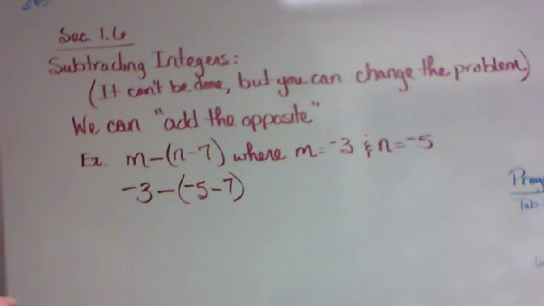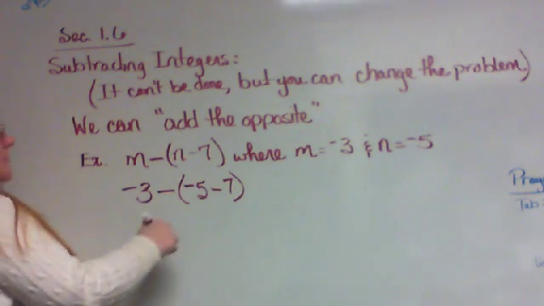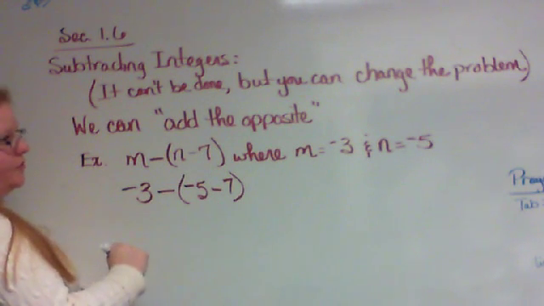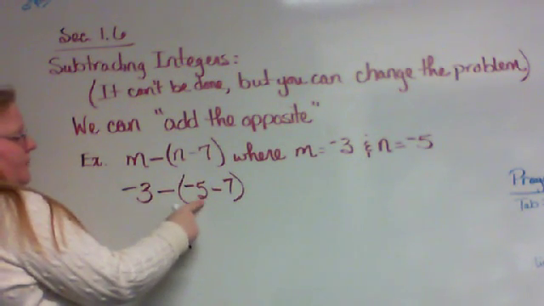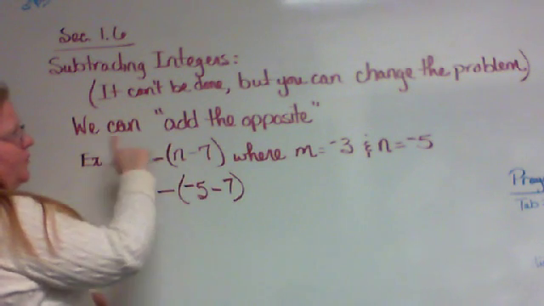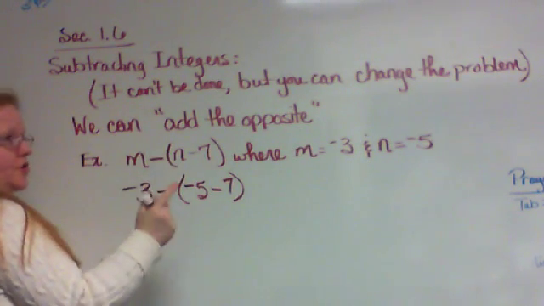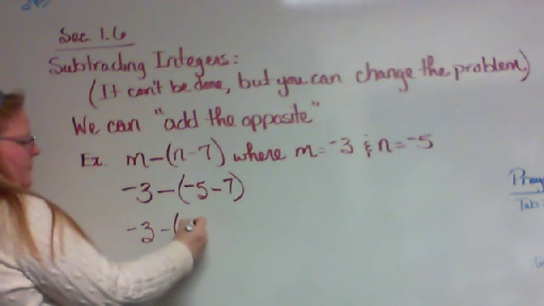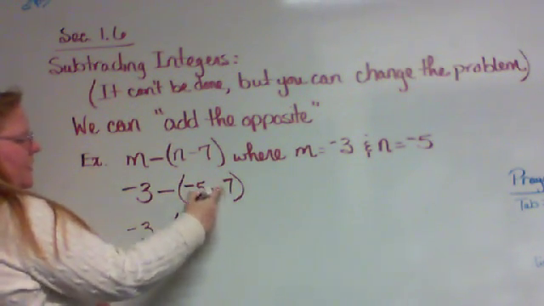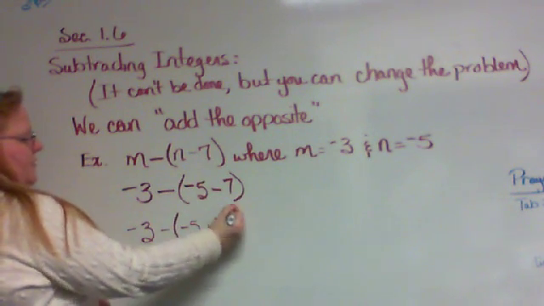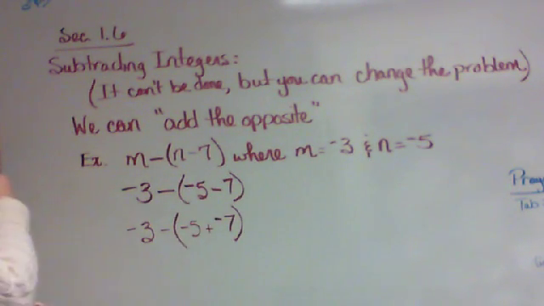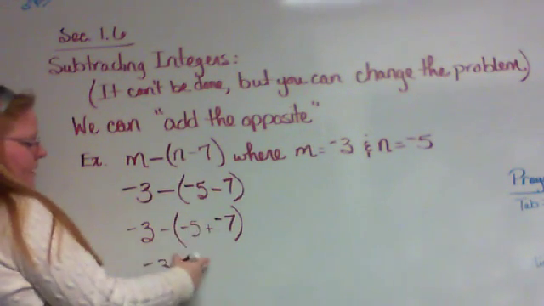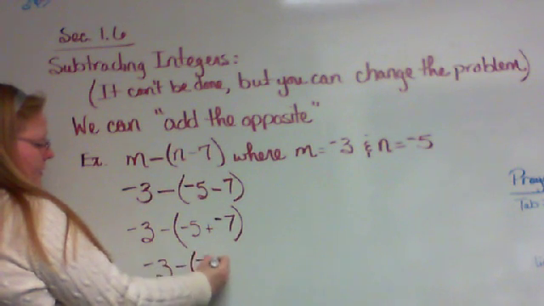Now I have to follow my order of operations. Order of operations says you do the stuff inside the grouping symbol first. This has more than one number in it. That makes it a grouping symbol. So -5 minus 7, once again we can't do subtraction, so I have to change it. So it's going to become -5 plus the opposite of 7, which is -7. Like signs means we add, so that gives me -12.